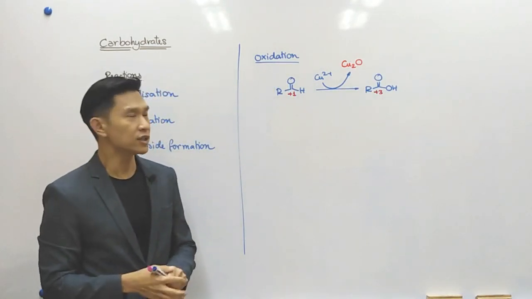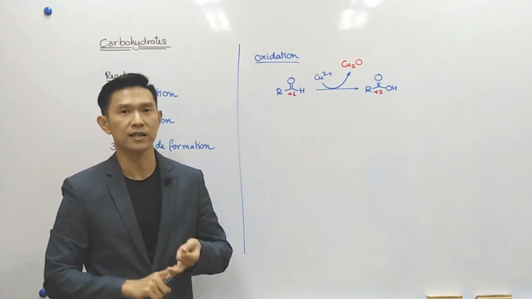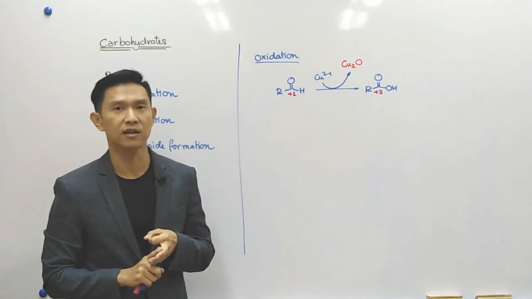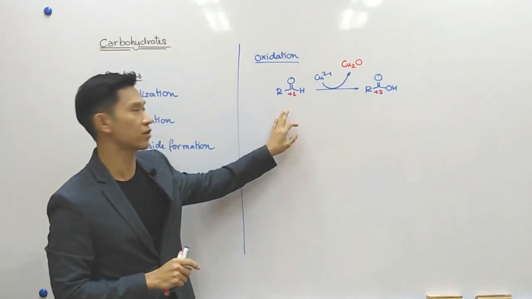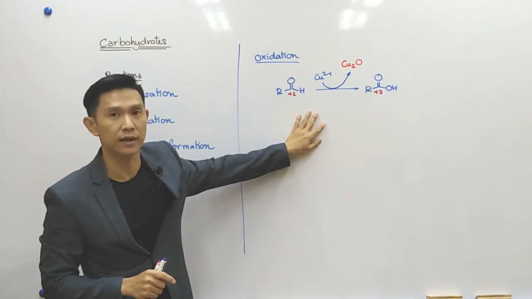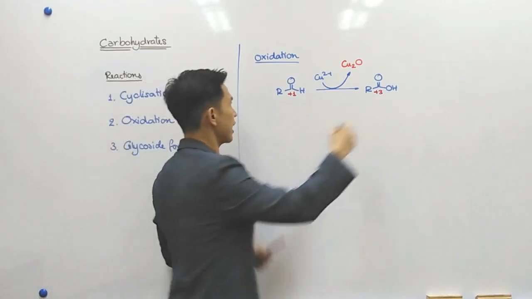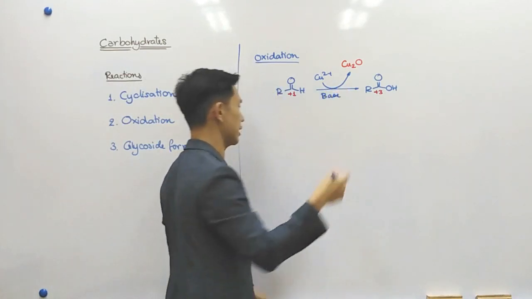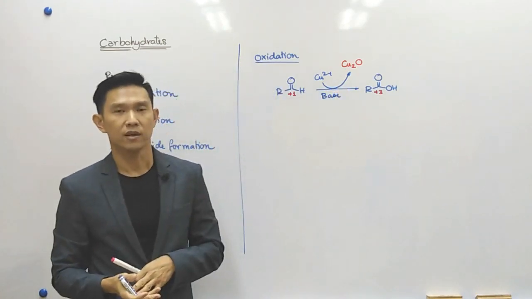Right? We actually have the Benedict test, Fehling test, and also the Tollens test that can selectively oxidize your aldehyde, but I show you just this reagent, copper 2 ion. Okay. So this reaction takes place in basic solution.